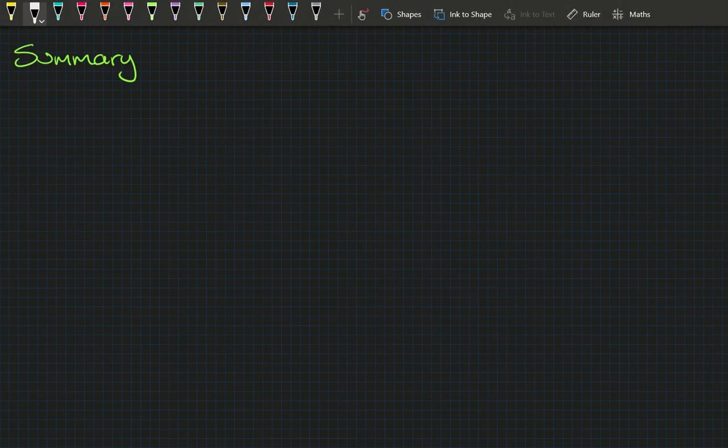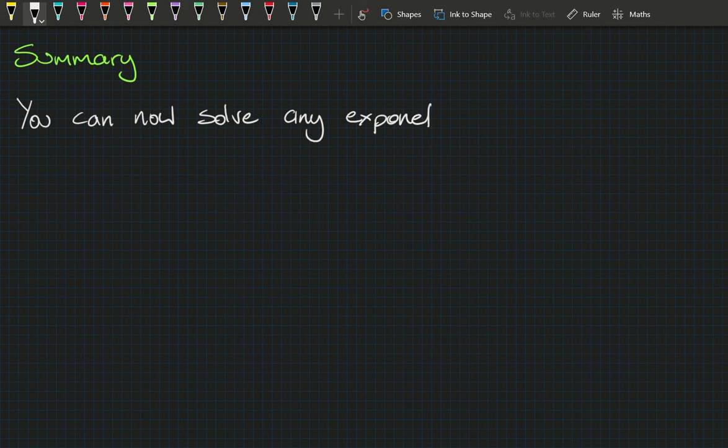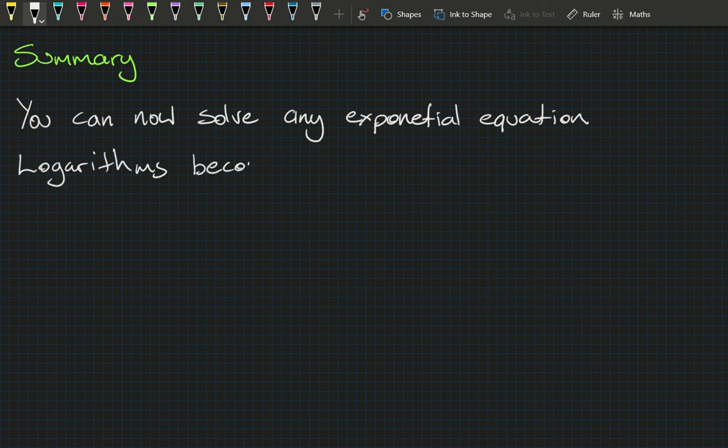So we've arrived at the end of this unit and you should now be able to solve any exponential equation. It's been a huge area of growth this year. You're going to do more and more with logarithms, and you'll be able to change to any base, not just base 10, but that's for next year. Generally speaking, the more maths and applications of maths that you do, the more important logarithms become.